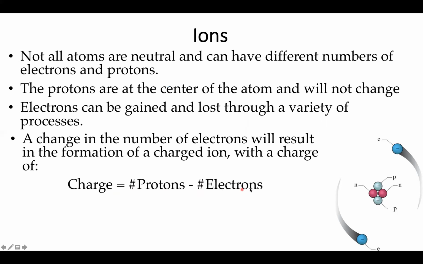So if I have more electrons than protons, I should have a negative charge, which agrees with the negative nature of an electron. If I have more protons than electrons, I should have a positive charge, which again should make sense because of the overall negative nature of electrons, meaning that I'm not negative enough, I have a positive charge.